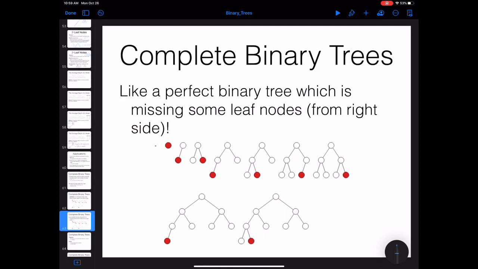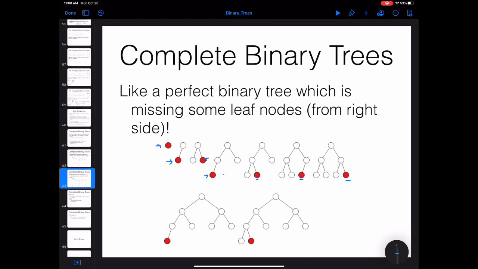Okay, this node, then you have filled that level, then you fill this one, then you add one more node, and if you have another node, you put it in the next level. If you have another node, you put it here, and another here, and so on. This is going to give me a complete binary tree.